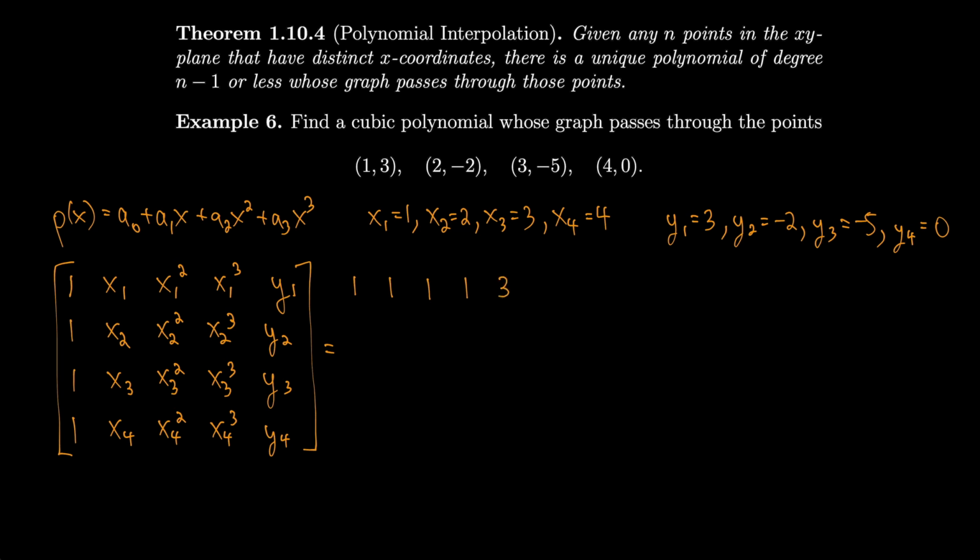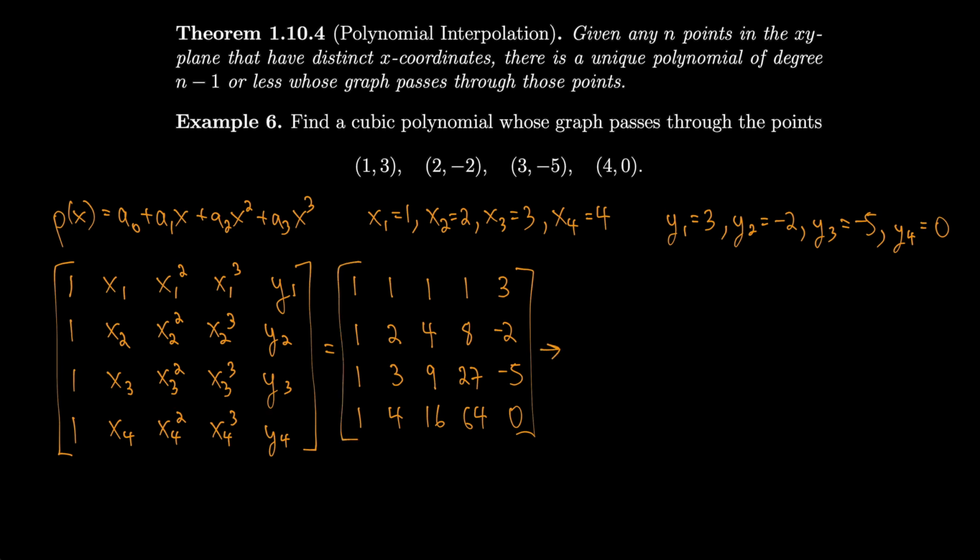Okay, then x2 was 2, 2 squared is 4, 2 cubed is 8, and then it has to equal -2. Then for x3, that was 3, 3 squared is 9, 3 cubed is 27, and that has to equal -5. And x4 was 4, which squared gives me 16, and cubed gives me 64, and that has to equal y4, which is 0.